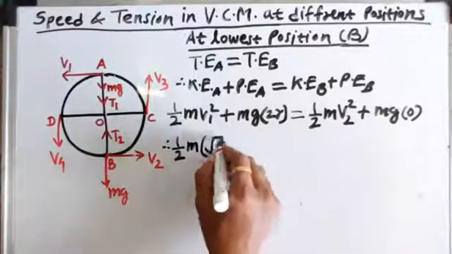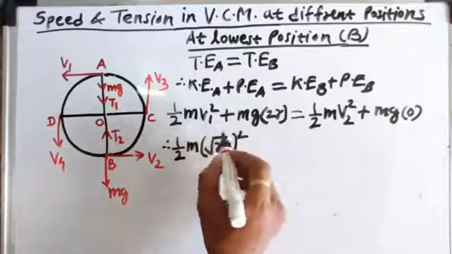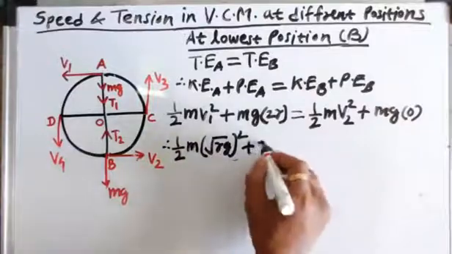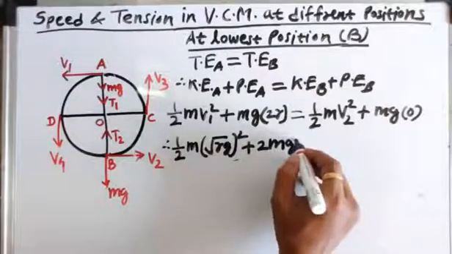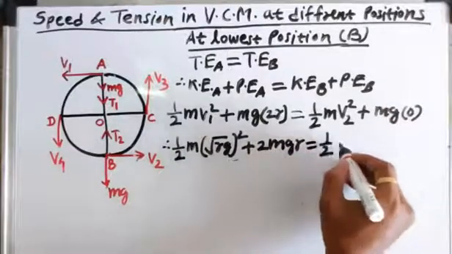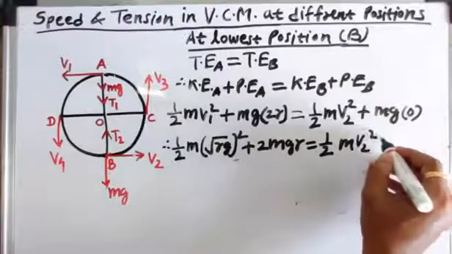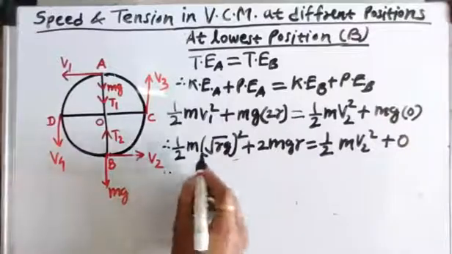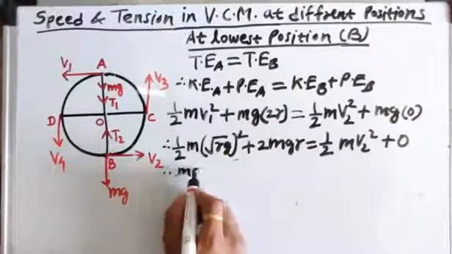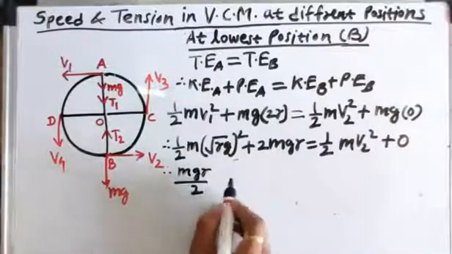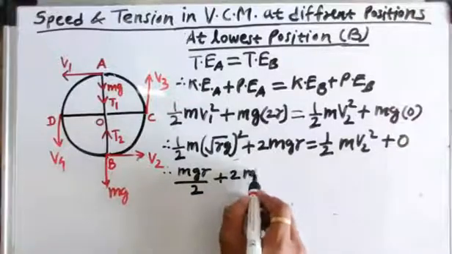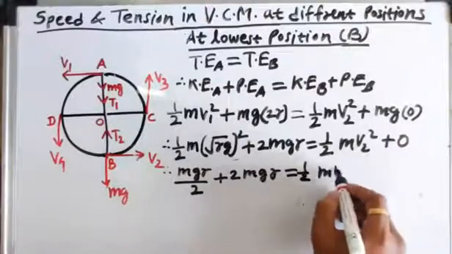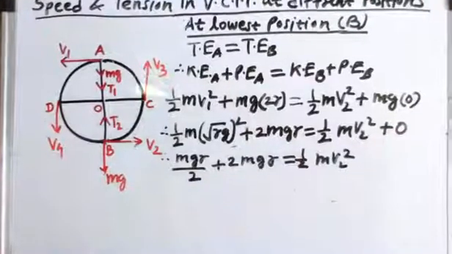So we substitute the value of V1, giving half m times root rg square, plus 2mgr equals half m V2 square plus 0. Therefore we can write mgr upon 2 plus 2mgr equals 1 upon 2 m V2 square.